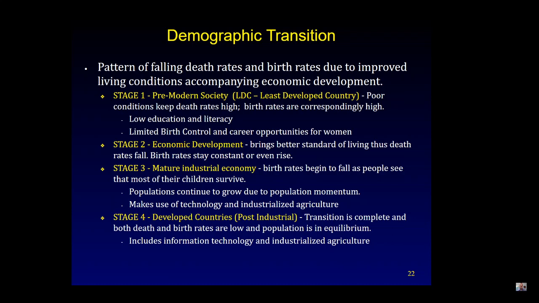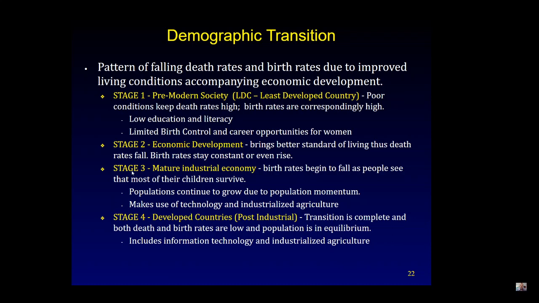But now maybe your country has adapted, has much better standards of healthcare, so a lot of people are living. This is when you have a huge boom in population, right? Because in stage 1, you have a lot of people being born, but a lot of them were dying. But now you have a lot of people being born still, but very little dying. So you have this huge growth in population.